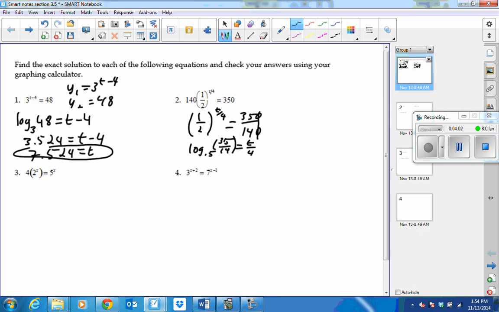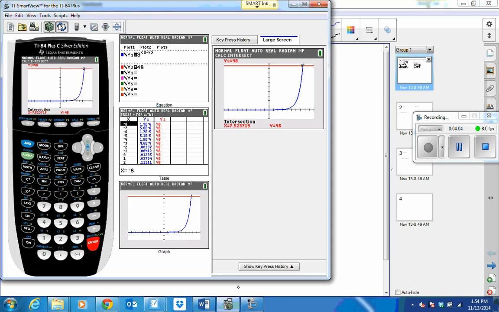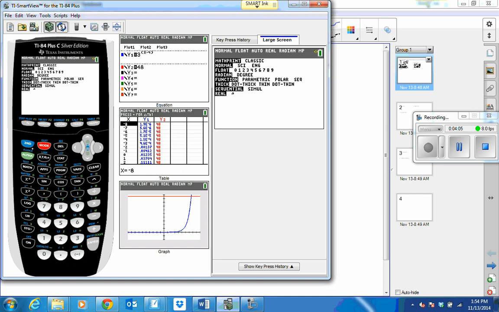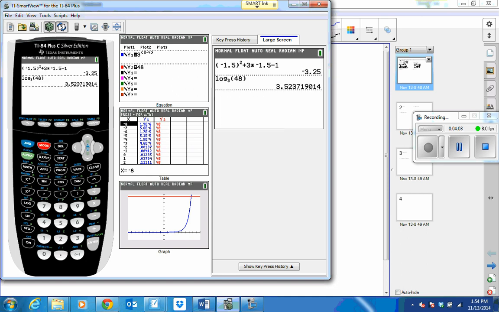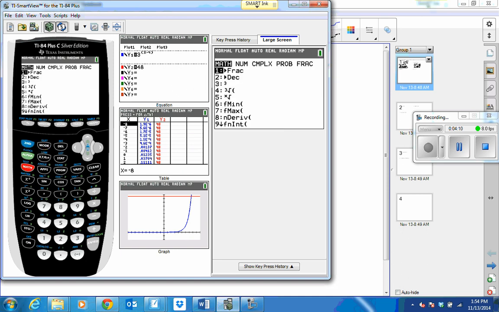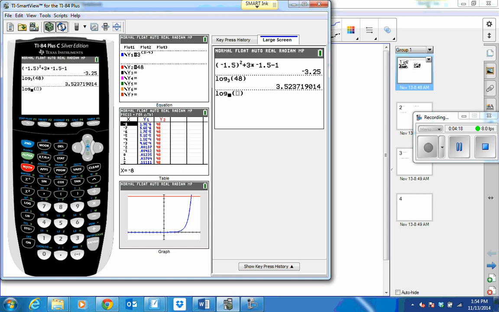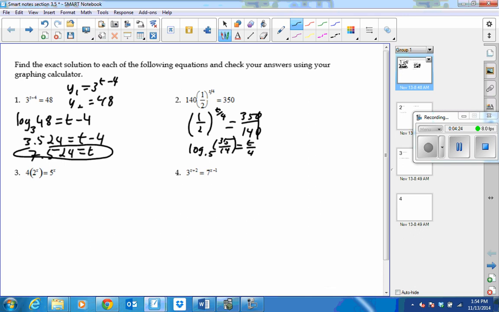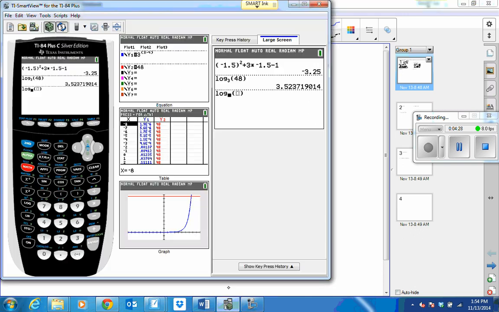So I'll go into the calculator, and I'm going to quit out of here. Go to math, and I know I want A, so I should be able to just hit alpha A, and that gives that to me. And so my log has a base of 1/2 and a power of 35/14.